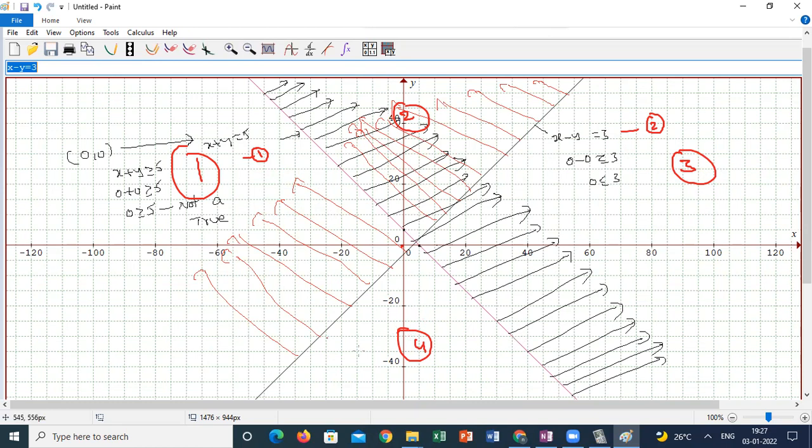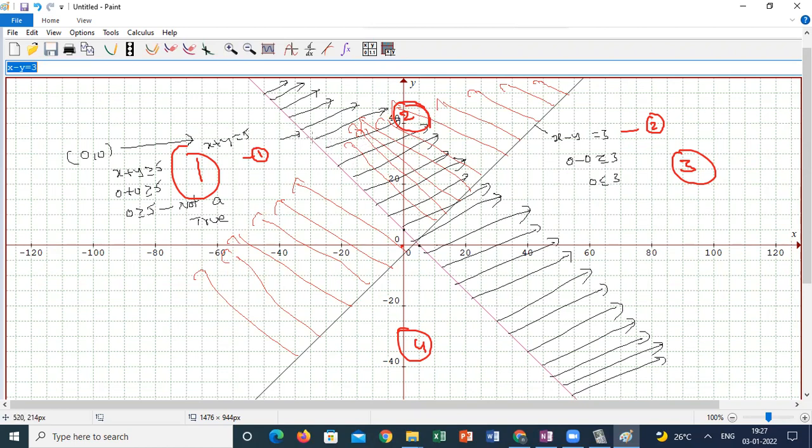In region 4, a few points satisfy the second inequality and a few points satisfy the first inequality. But in region 2, the points satisfy both inequalities. How can I say this graphically? It is the common region between both the inequalities.